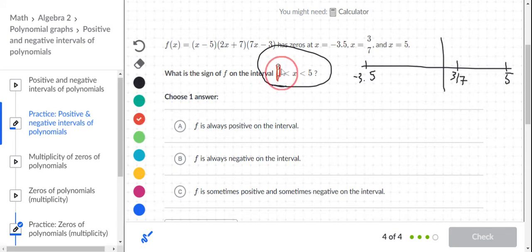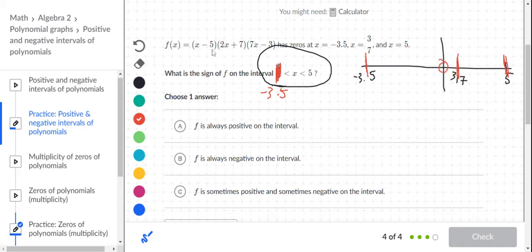But let's pretend for a second, what if it said in between negative 3.5 and 5? How many different numbers am I going to have to plug in? I'm going to have to plug in 2, because this is one interval and this is another interval. So for this first one, I would choose something like 0.